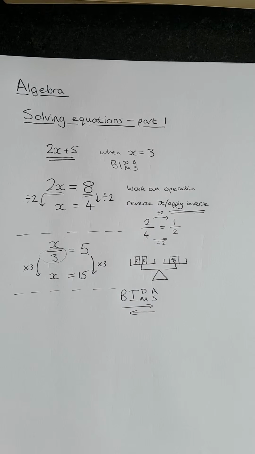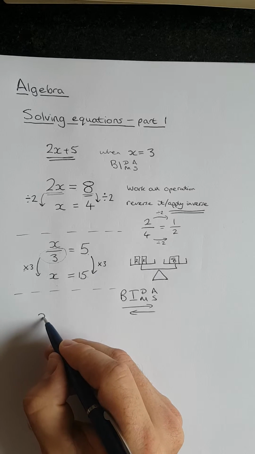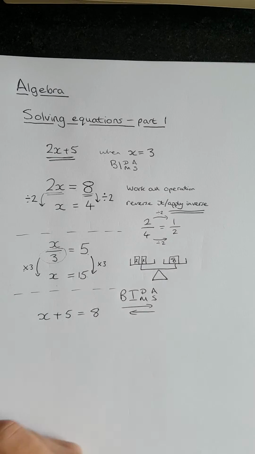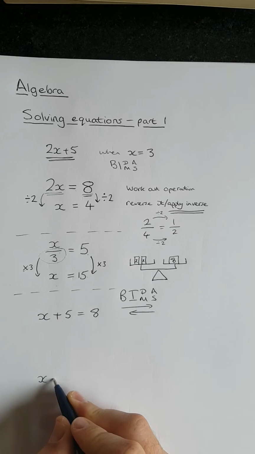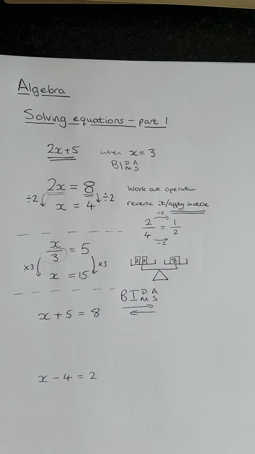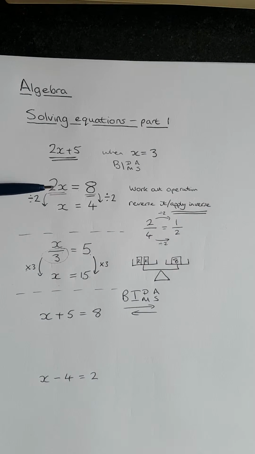Let's look at two more operations and how we would do them. And you might see the reason why I've picked this pair. So what we've done so far is we looked at 2 times x. Then we've looked at x divided by 3. So multiply, divide.